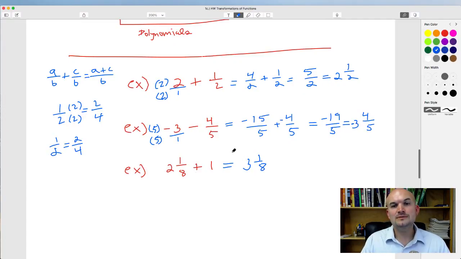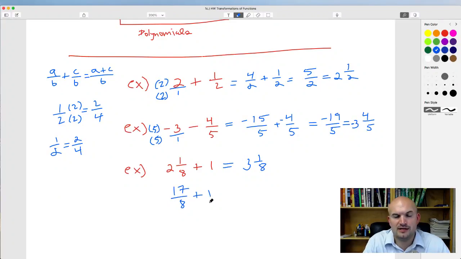That's the fraction. Okay. Or, obviously, if you have to convert this to an improper fraction, remember do 8 times 2, which is 16, plus 1, which would be 17. So that's going to be 17 over 8 plus 1. Now the only reason why I want to show this is, again, how would you add 17 over 8 plus 1? Well, again, write this as a fraction and get common denominators.